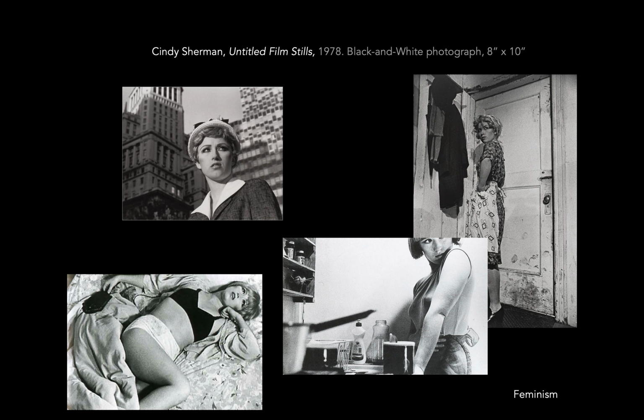So she has control over the way she's being represented. But you notice in each one, and this is only 4 of a lot, there are hundreds, in each one she's taking on a different idea of femininity, or a gender construction in society, of what it is to be a woman, right? What it is to be a woman in society, in this case, in the society of the United States in the 70s.